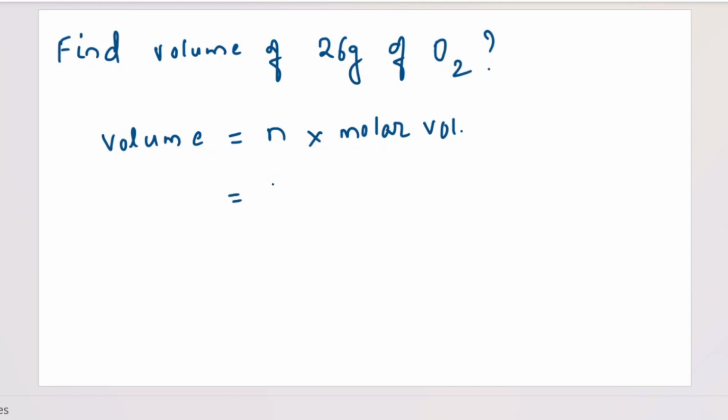So it comes out to be 26 divided by 32 into molar volume, that's 22.4 liters.